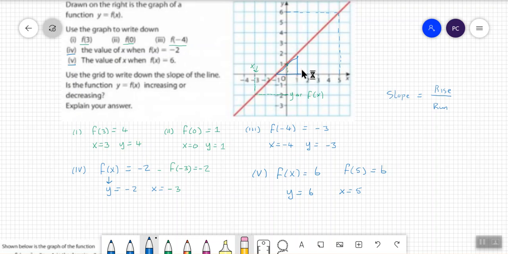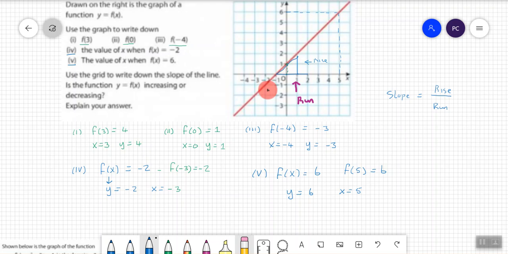So the slope then, this is going to be the rise. And let me rub these out here. And this part here is going to be the run. So what's the run? Basically each of these is just equal to 1.